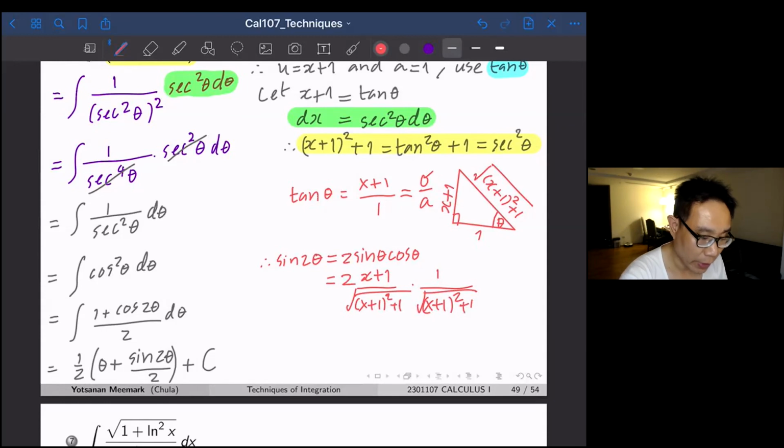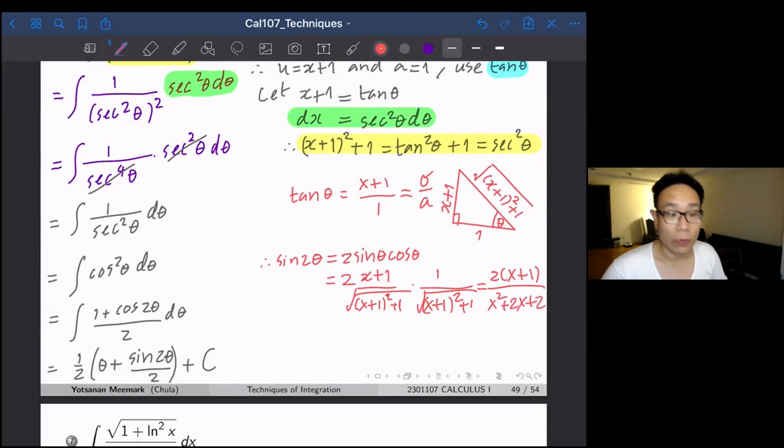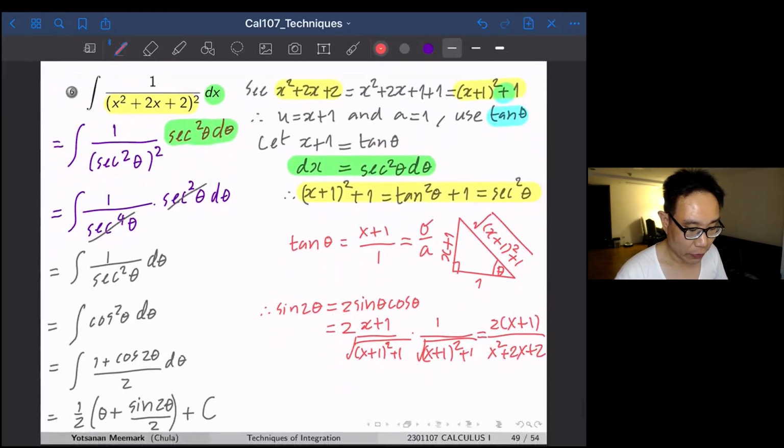So this will become 2 times x plus 1 over the bottom guy that you have, x squared plus 2x plus 2, okay, from the question, from the yellow guy. And you see that theta will become tan inverse of x plus 1.